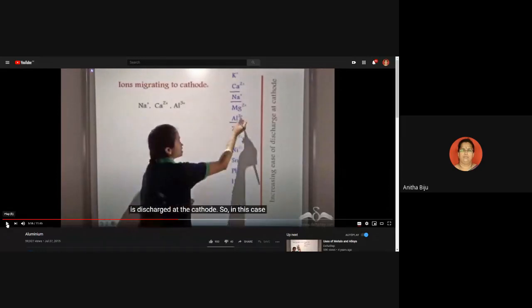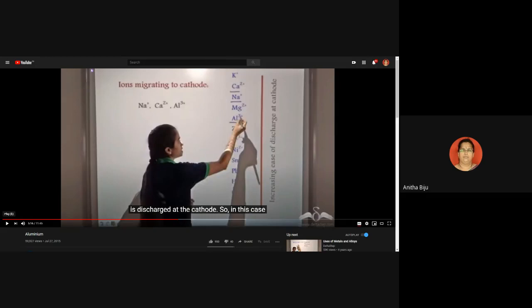So this point you can remember, okay? If the ion is in a lower position compared to the other ions, that undergoes reaction at the cathode. In this case, the position of aluminium is in the lower part. So that is why it is discharged at the cathode.